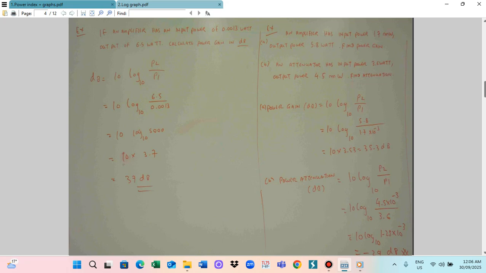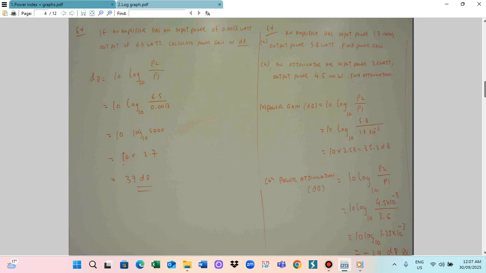Then we take the log of 5,000, which is 3.7, and multiply by 10. So this will be 37 dB.